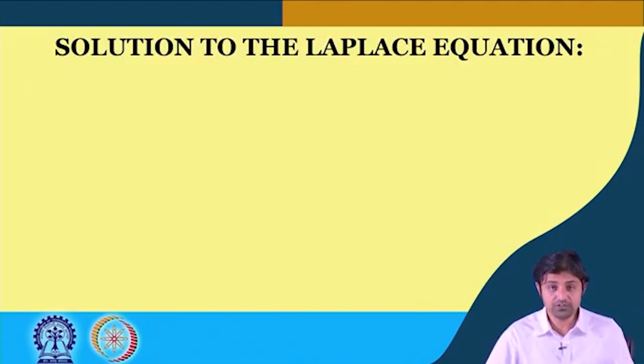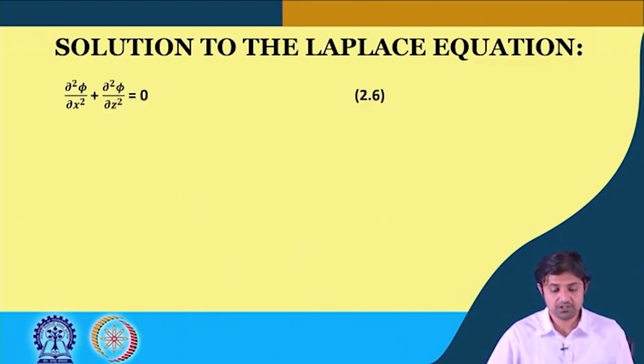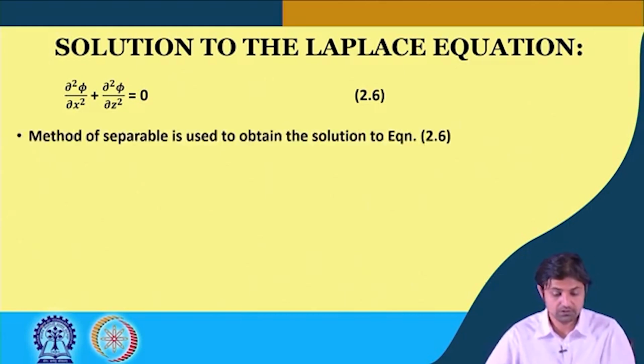Now, we have listed the boundary conditions. One was w is equal to 0 at the bottom, second was we specified the dynamic free surface boundary condition at the top, and now we start with the solution of the Laplace equation. So, the Laplace equation in terms of velocity potential in 2 dimensions, as we have assumed x and z, is del square phi by del x square plus del square phi by del z square is equal to 0.